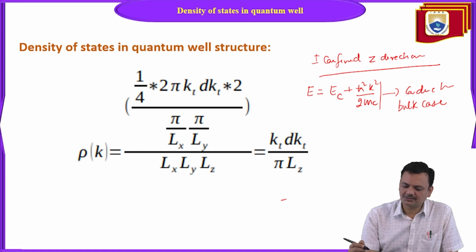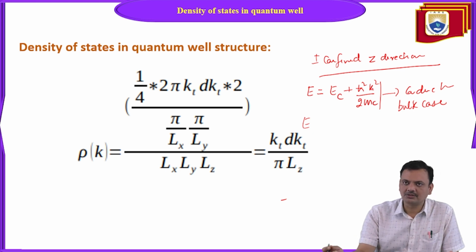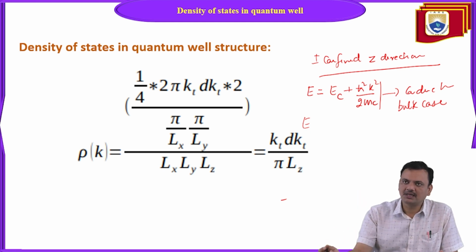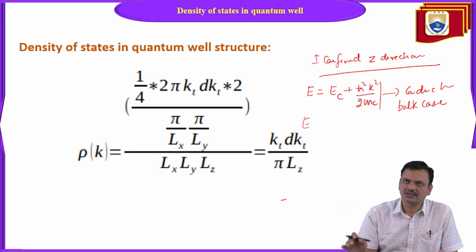So what happens? This expression will change. The k vector has three components, kx, ky and kz, and now you are confining the z direction, meaning the z value cannot change. It will change, but for a particular single z, only the x and y transverse components will change. So how will this value change?